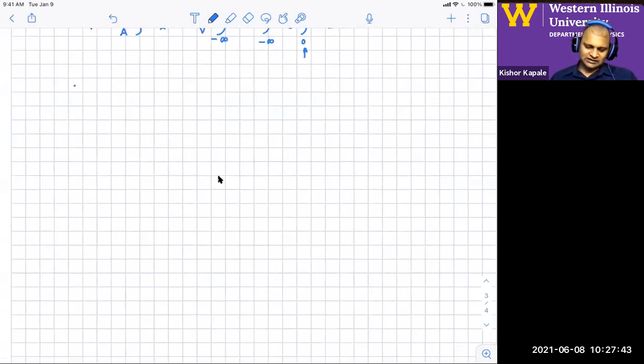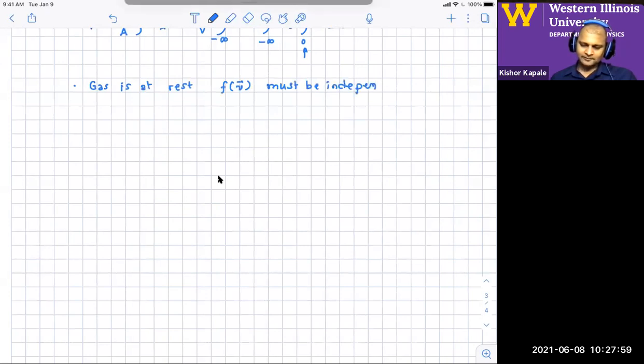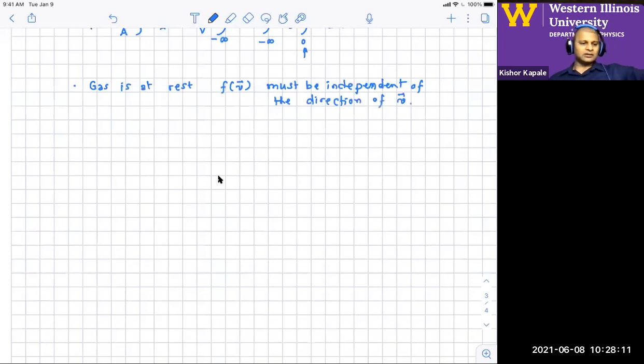Since the gas is at rest, f of v must be independent of the direction of v. It doesn't matter whether v is going up or down or left or right. F of v should not depend on that. It should be exactly the same.